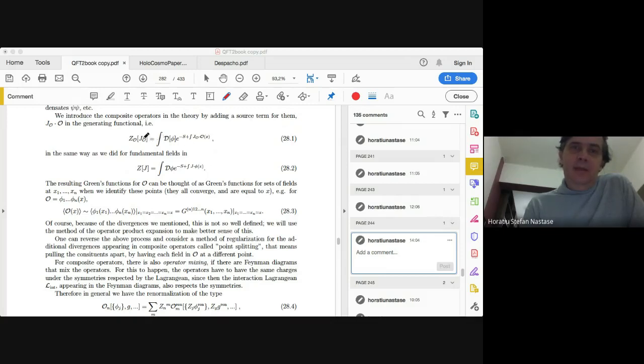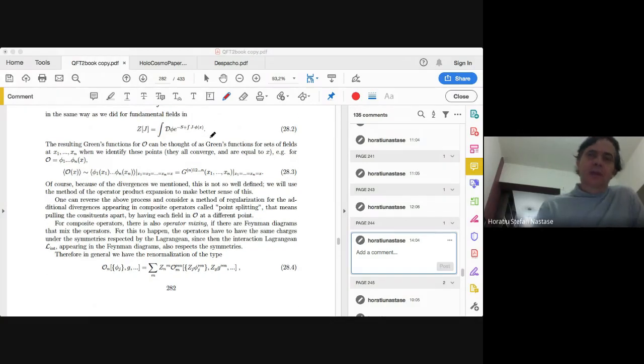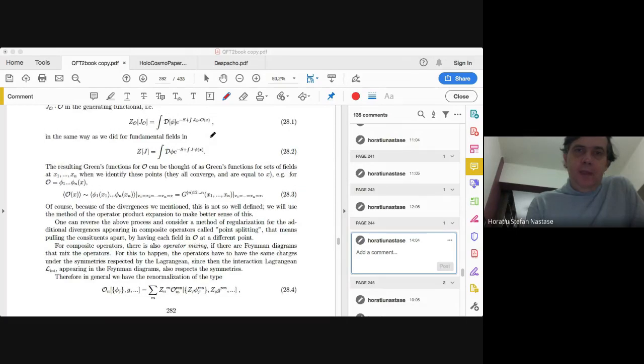And the same way, I can write a path integral depending on J of the operator O by adding in the path integral e to the minus S, plus the integral of J O at x. And then we can write Green's functions for these operators in the same way as we did when we had just fields.